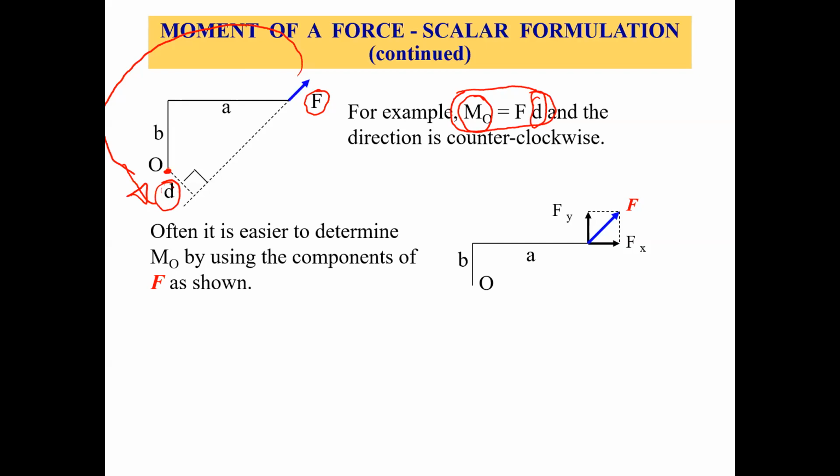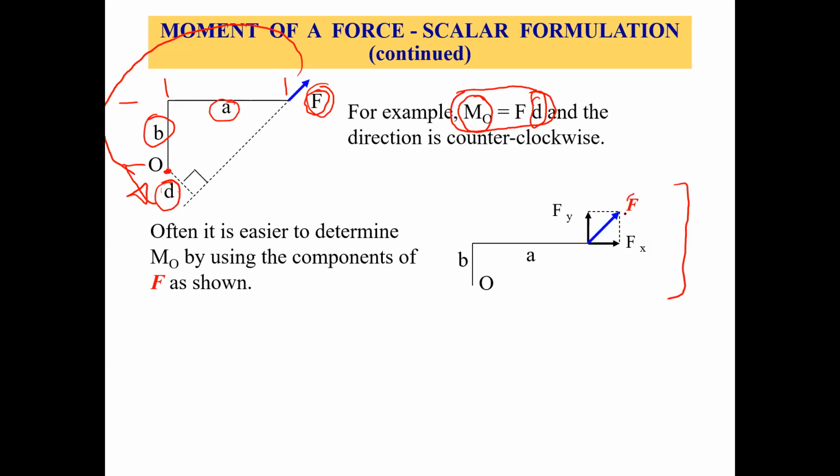If d is not given, and you have these distances, let's say distance A and distance B, then you can resolve this force F into two components, x component and y component. Then you can find M sub O by taking the moments of these two components and adding them up.